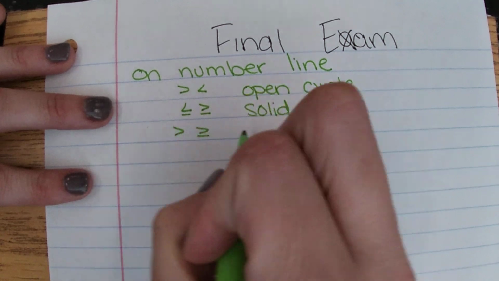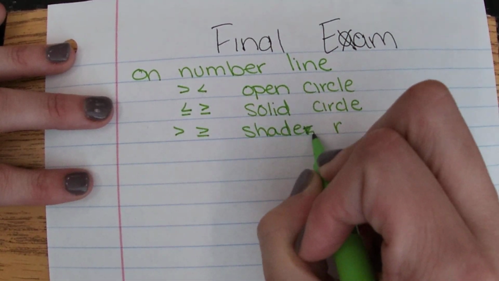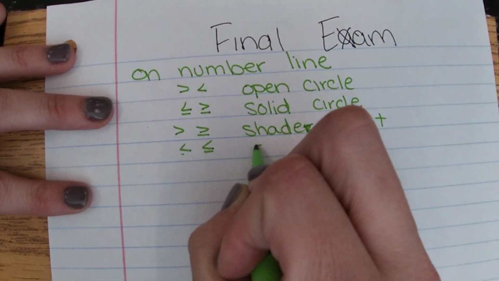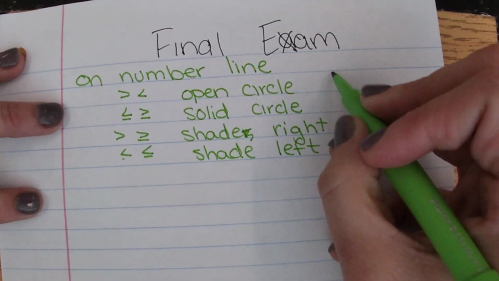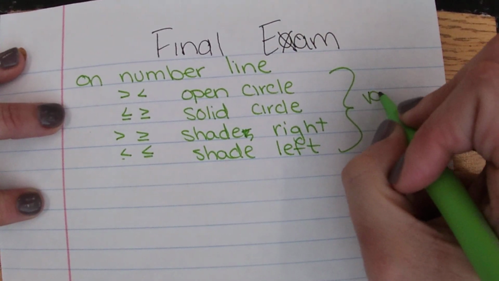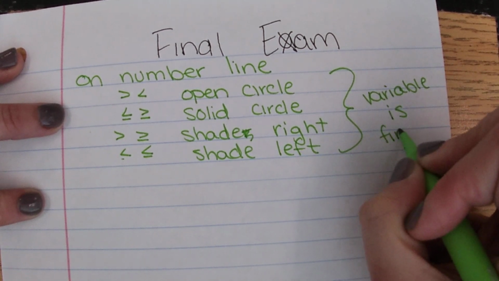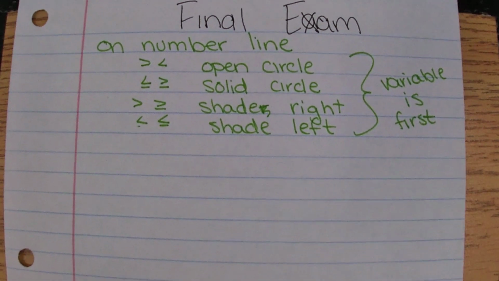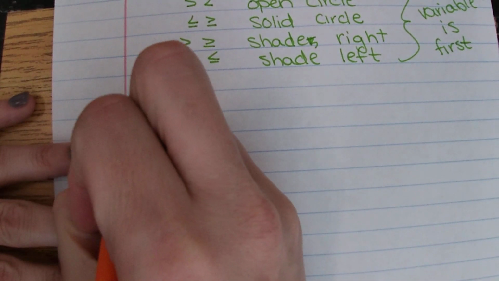Okay, greater than or equal to, we shade right. And then less than or equal to, we shade left. And all of these, remember, only work if the variable is first. Now you might say, okay, great, but what about when I do the dashed or solid line? Well, that's our rule when we're graphing on the coordinate plane.